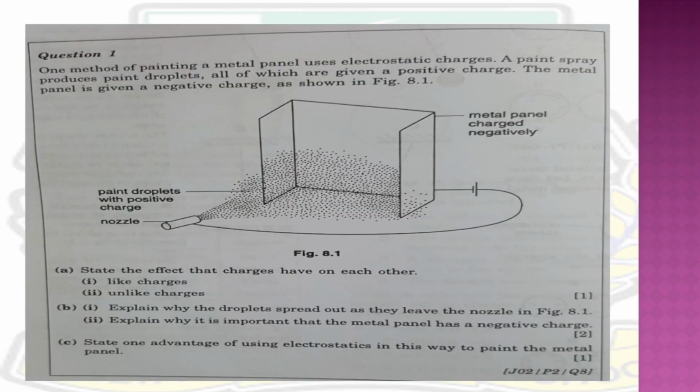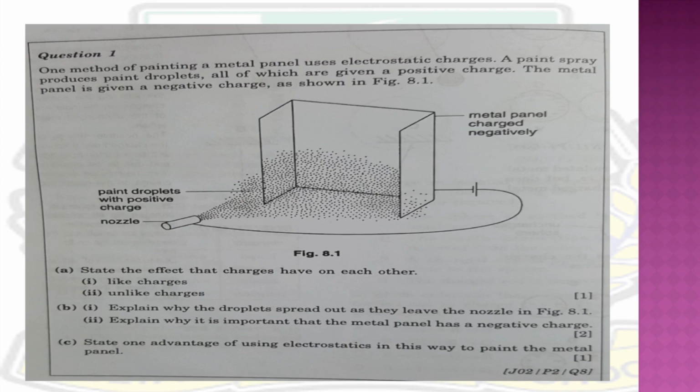Here is a question you have to solve. One method of painting a metal panel uses electrostatic charges. A paint spray produces paint droplets, all of which are given a positive charge. The metal panel is given a negative charge as shown in figure 8.1.